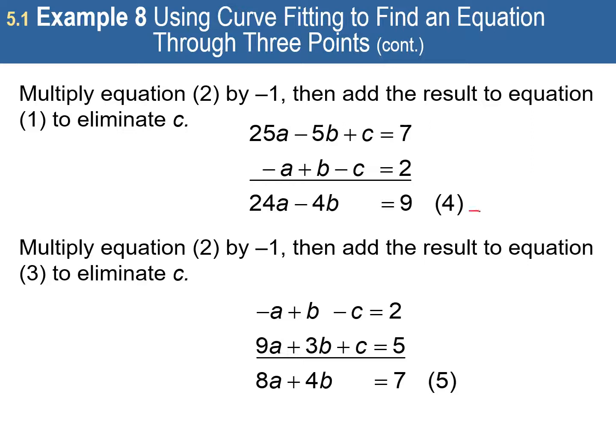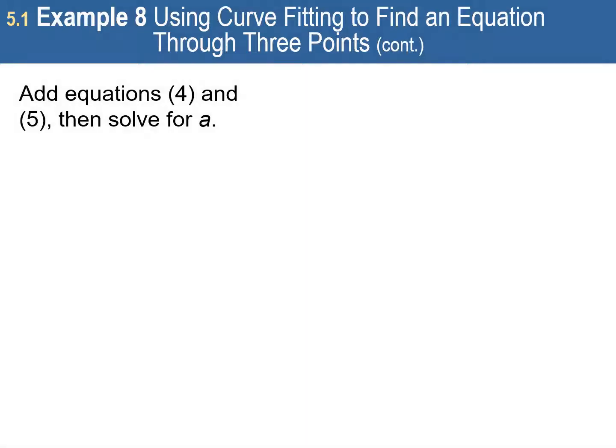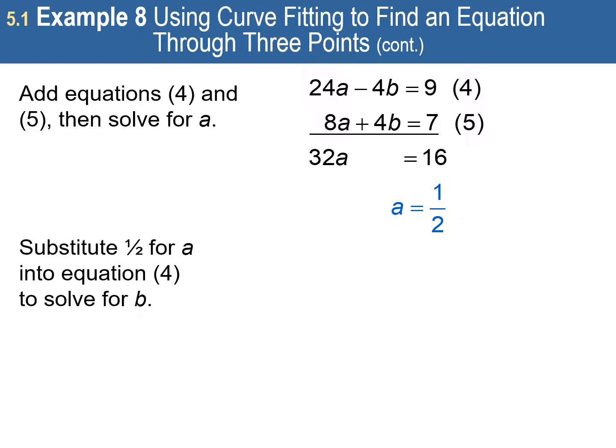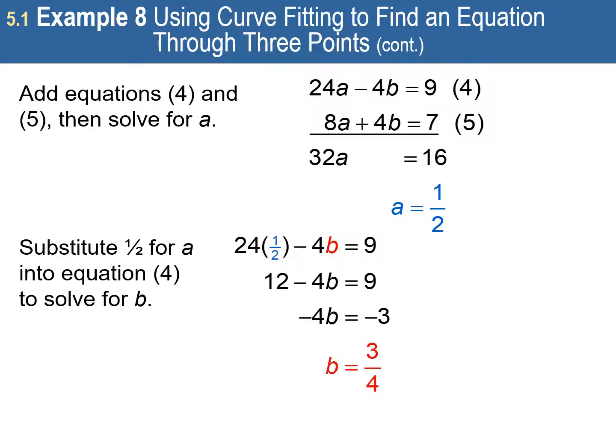So now I have equation 4 and equation 5, and I need to eliminate a variable between them. So let's just add the equations, and that will eliminate variable b. So solving this, I get a is 1/2. Once I have a, I back substitute. And I get that b is 3/4.